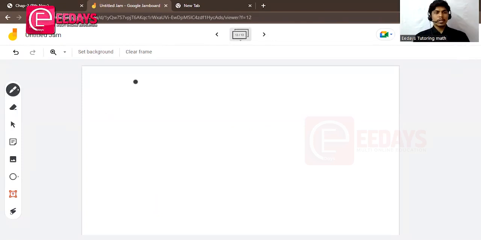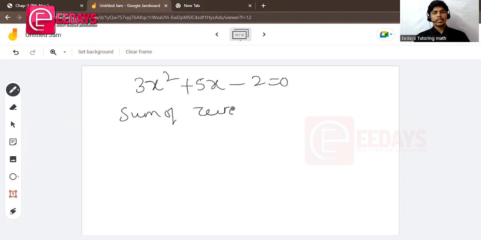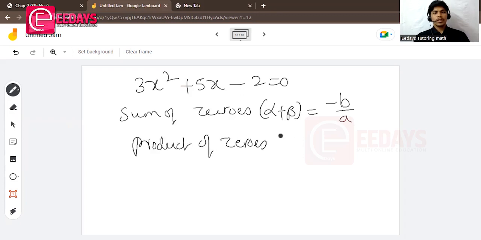So I'll give you one example. 3x square plus 5x minus 2 is equal to 0. Now find sum of zeros. How to find sum of zeros? Sum of zeros is nothing but alpha plus beta is equal to minus b by a, and product of zeros, alpha into beta, is equal to c by a.